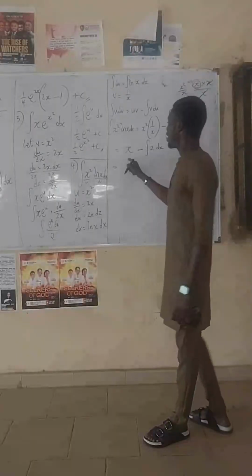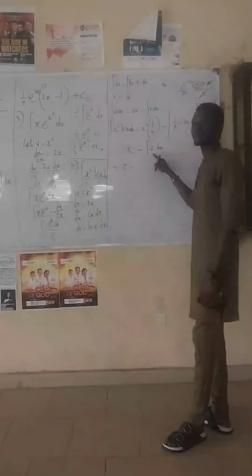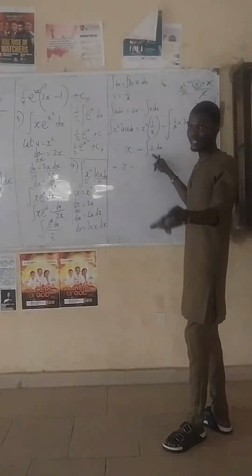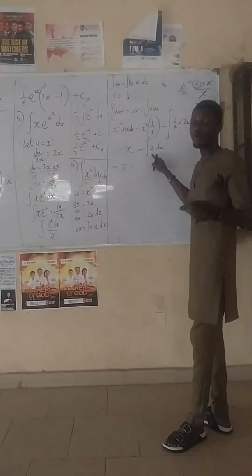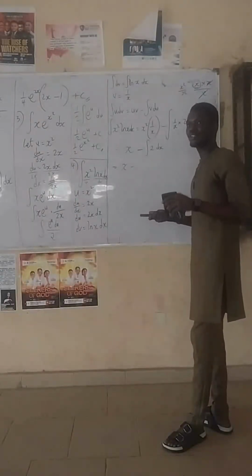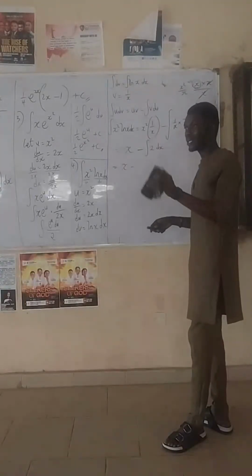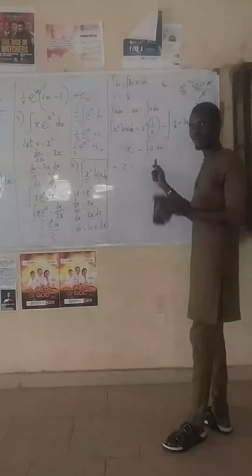Equals, now we have x minus, what's the integral of 2? In differentiation, when you differentiate 2, it's a constant, it's 0. But when you integrate 2, it goes 2x. When you integrate a constant, you add x, if it is with respect to x. So that would be 2x for a constant.